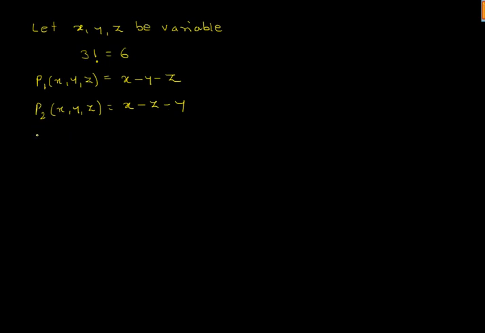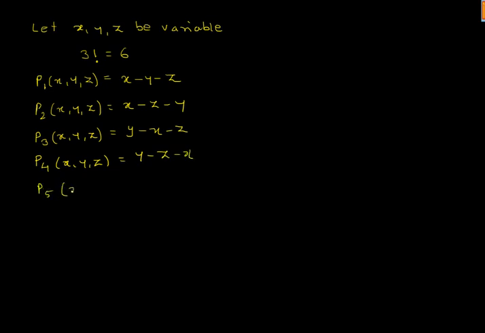Now another third polynomial I am generating by using the permutations of x, y, z: y minus x minus z. Now P4, again a function of three variables, is y minus z minus x.